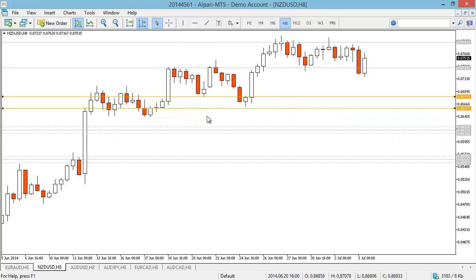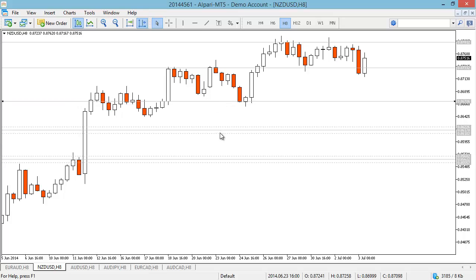So what I'm going to do with this one is I'm just going to go ahead, place it around about here. I'm just going to place the lines slightly further apart. That just reminds me, next time I'm looking, that this support resistance area is a bit wider.